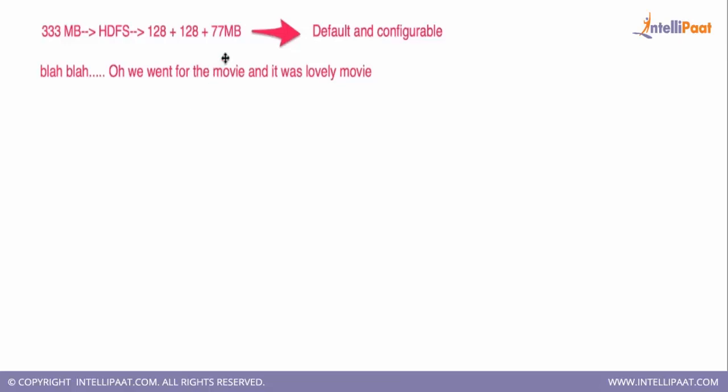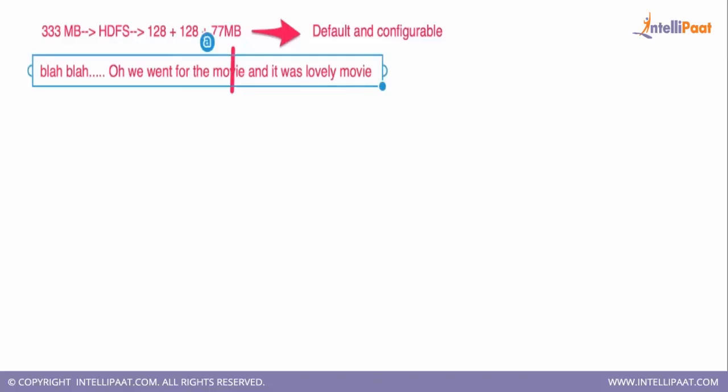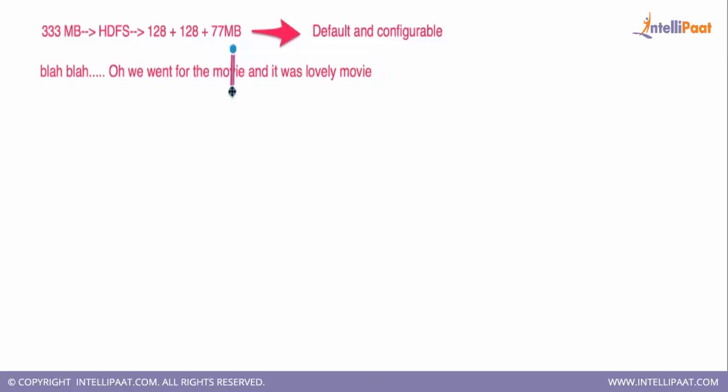I can't control that, but at this moment 128 MB was ending. That means this went to block 1 and this went to block 2. And in block 2, the text looked like a movie line, where the data was ending at, let's say, /n, and the next sentence in block 2 was something else.